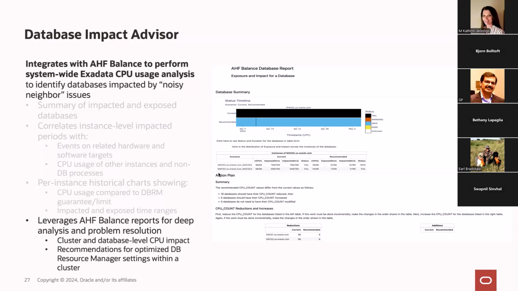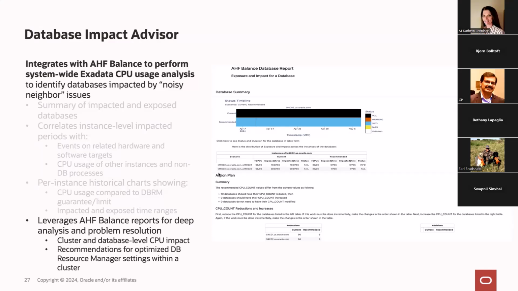So here we have a system, we have 16 databases. We just captured a few of them. We can see that none of them has CPU caging. So they are allowed to use all the 96 cores.